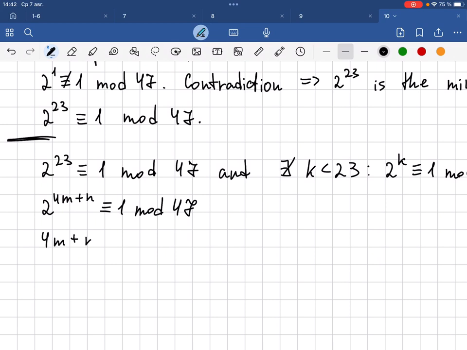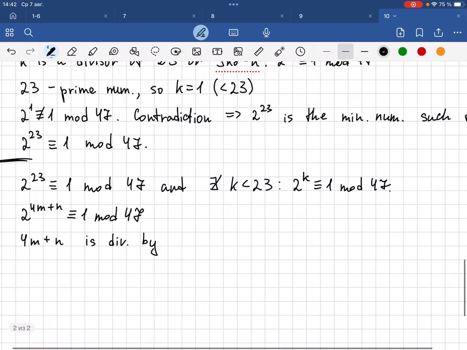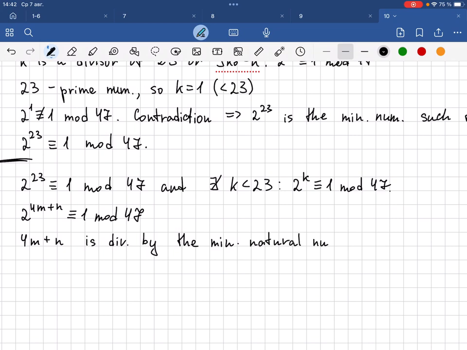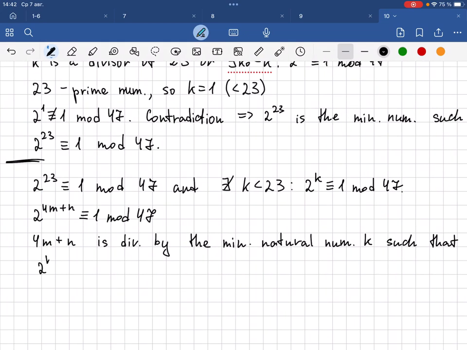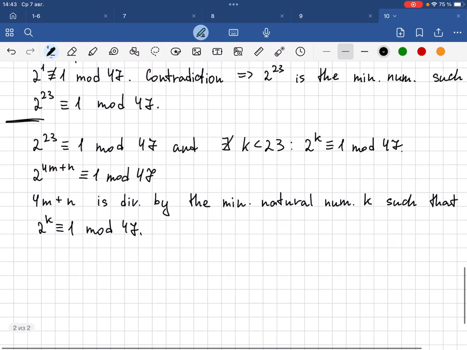4m plus n is divisible by the minimal natural number k such that 2 to the power of k equals 1 mod 47. And we proved that k is equal to 23.